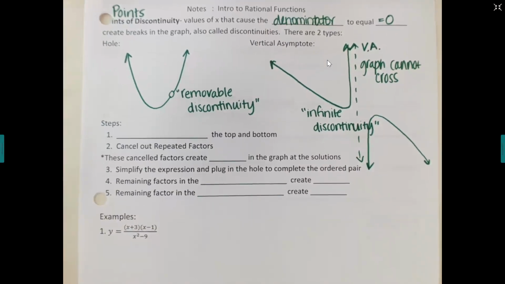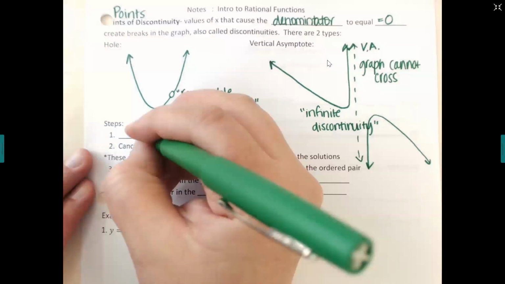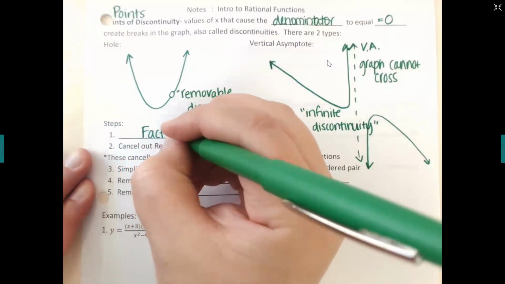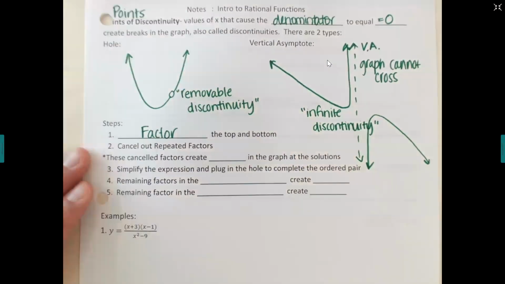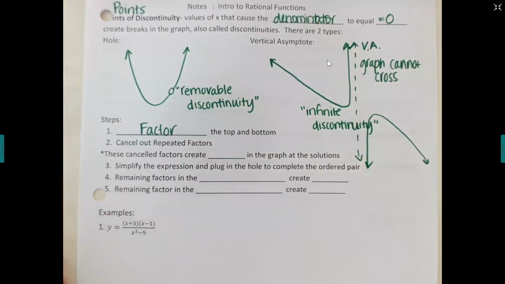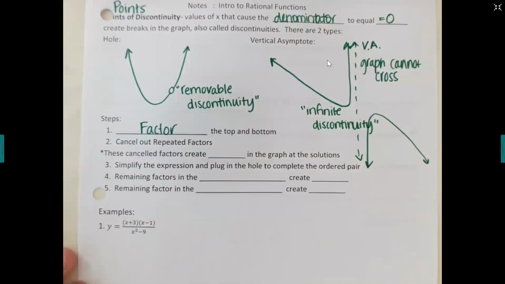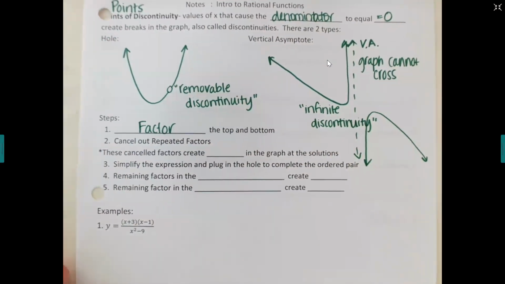Okay, the way to find these is pretty simple. Okay, you are going to start off by factoring the top and the bottom of the expression. And then you're going to look for any factors that the top and the bottom both have so that you can cancel them out.